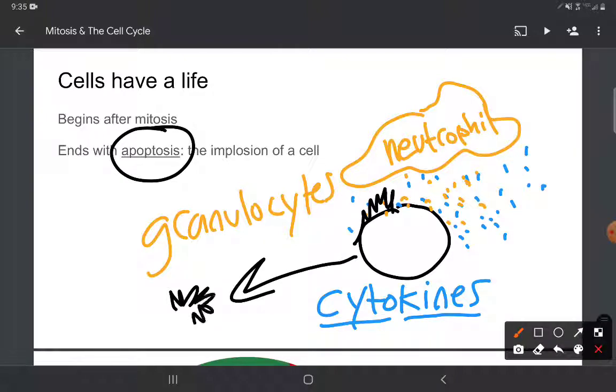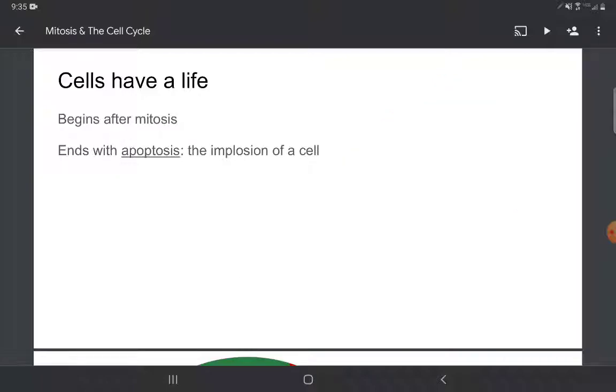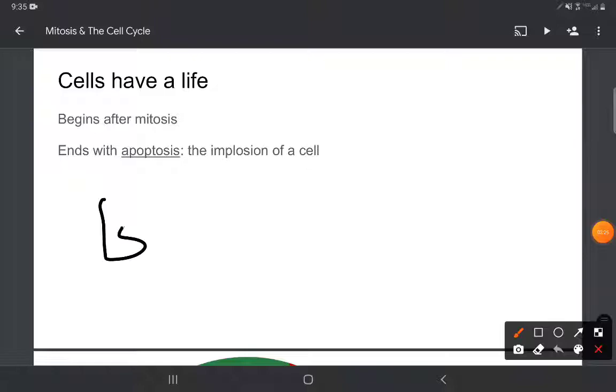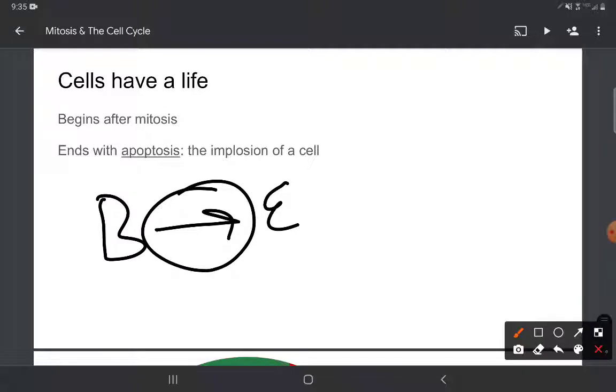That will cause the cell to shrivel up and be discarded by the body. So that is the beginning and end. And now we will talk about what happens in between.